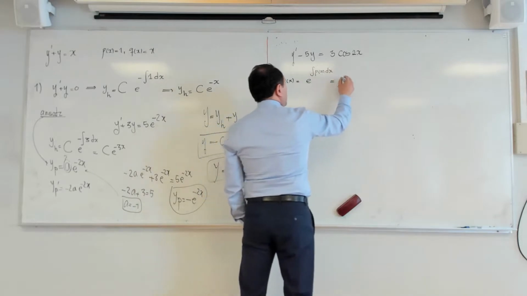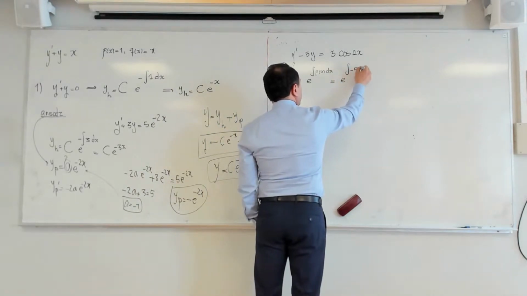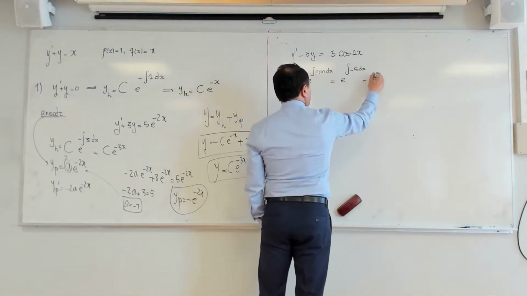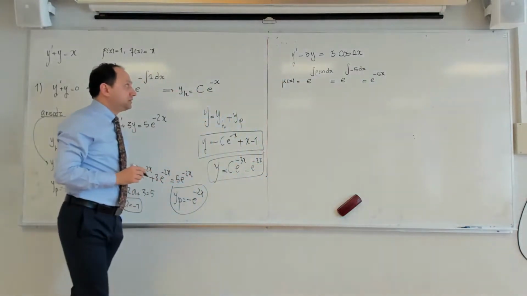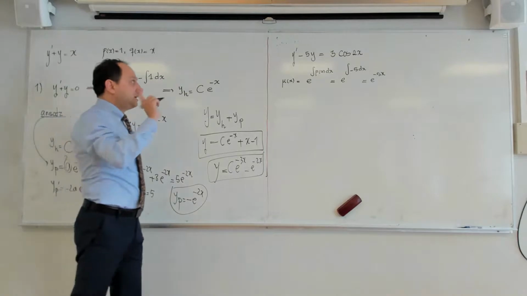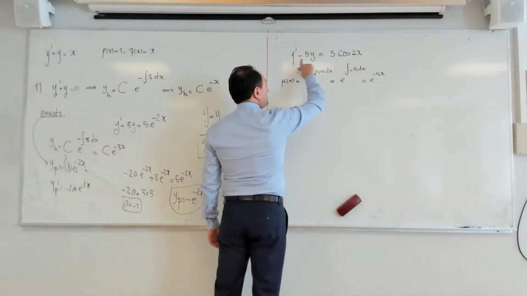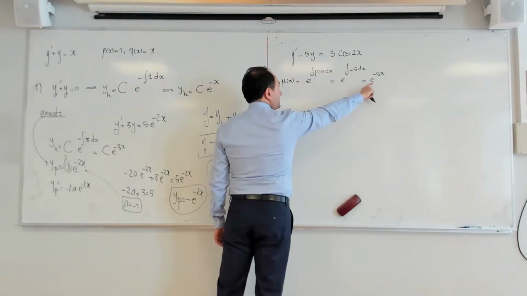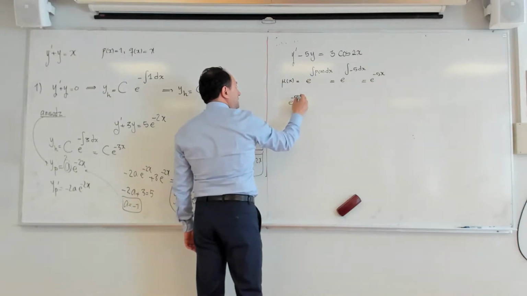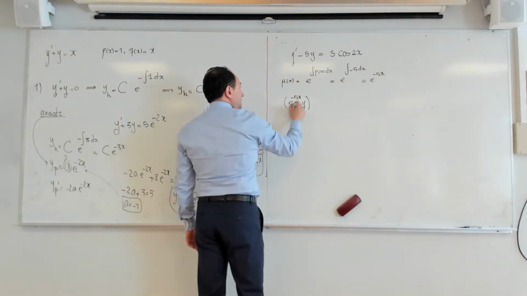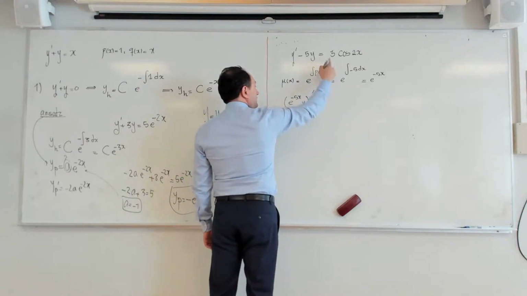So this becomes e to the power of integral -5 dx. So it becomes e to the power of -5x. Yes? You remember? This was mu x. And then I told you what to do. You need to multiply both sides by this. The left-hand side becomes, at the end, it becomes this. Then I have to multiply that.